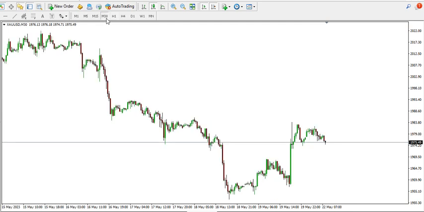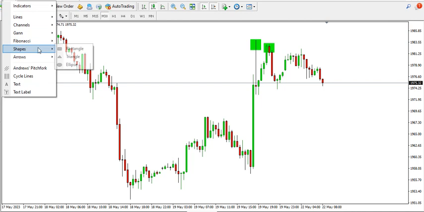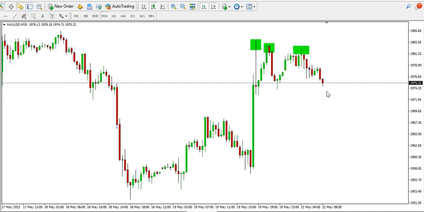On the 30-minute time frame, we can see that the price of gold has formed a triple top. This is the first top, this is the second top, and this is the third top. That shows that the sellers are trying to push price down.